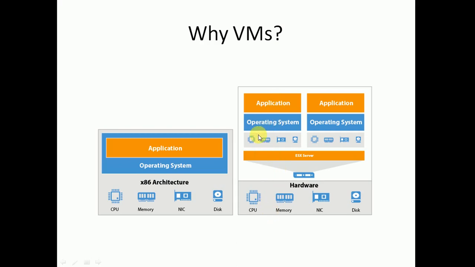Here there are the real, physical hardwares. These are virtual hardwares, and this is the operating system which you want to install for a particular application. This is operating system 2 for application 2. So this is how VMs solved the problem.